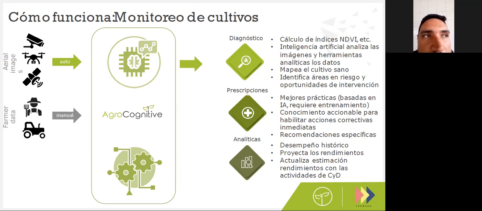For example, with our company, we sell this kind of technology at $1 per hectare. We always think of small and medium farmers, because they don't have the money to pay for services with technology like drones.